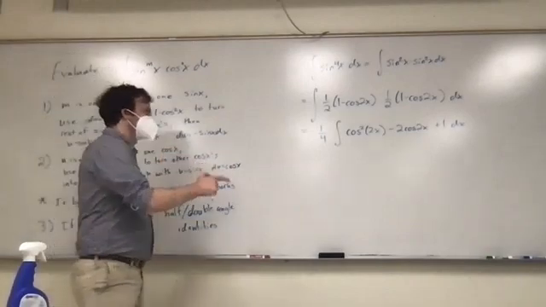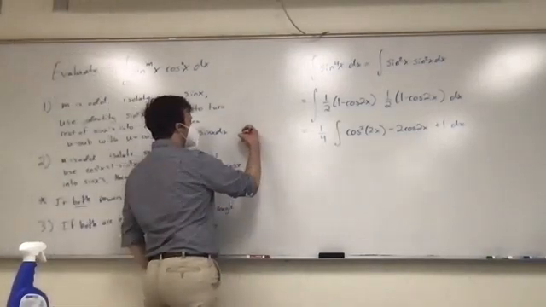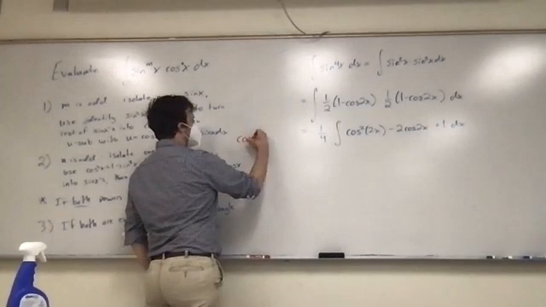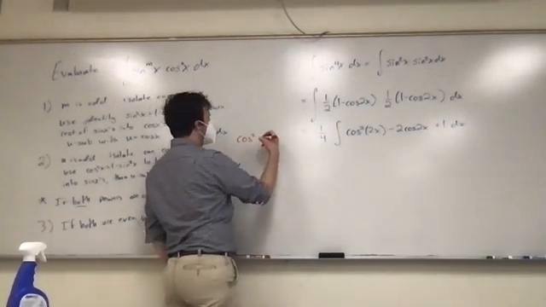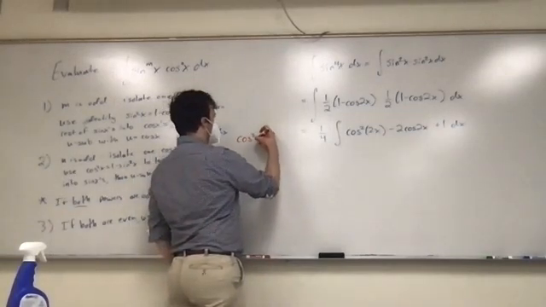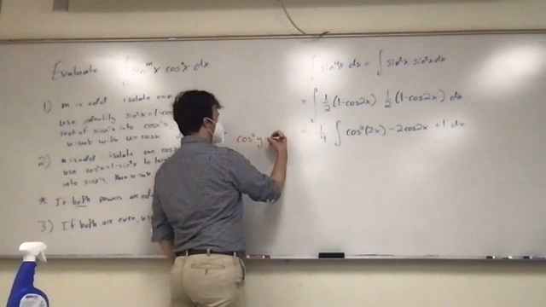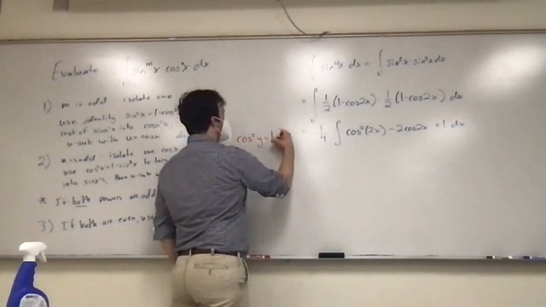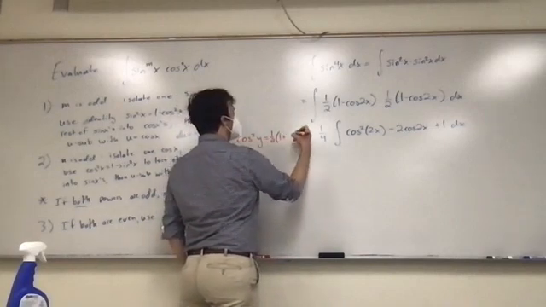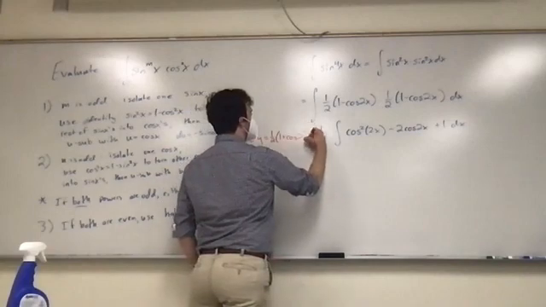Cosine, we haven't used that one today yet. So the identity is cosine squared of y is 1/2 times 1 plus cosine of 2y.